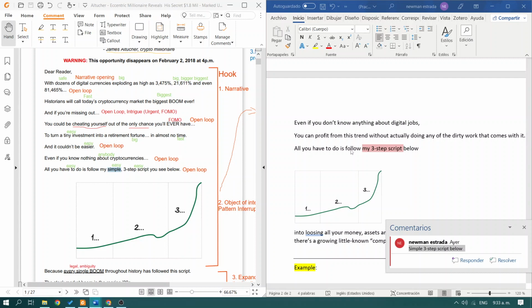What you're gonna show me is easy, but I'm not doing it here. All you have to do is follow my three-step script below. It would sound better if I said all you have to do is follow my simple three-step script below. So I'm learning to write and use these kinds of words to imply the emotion of easy on my reader.